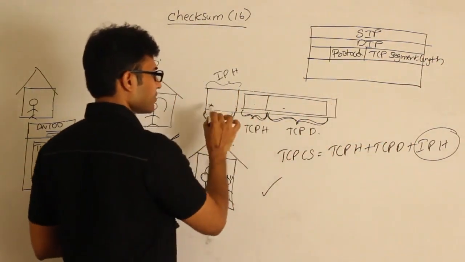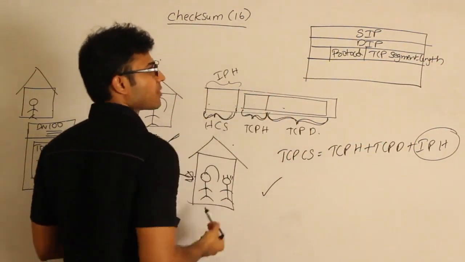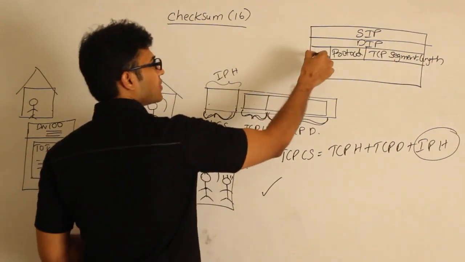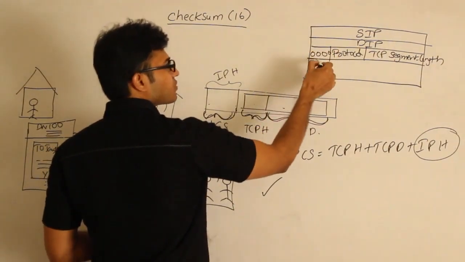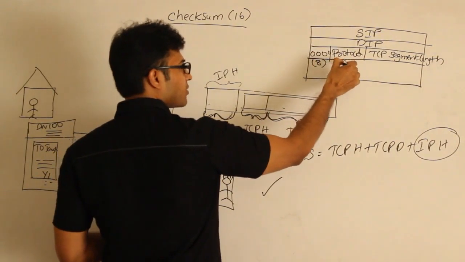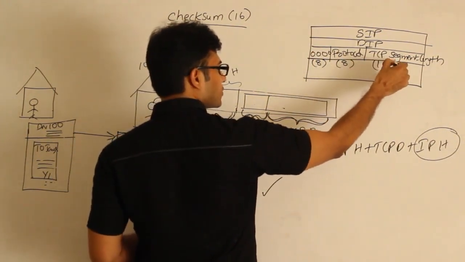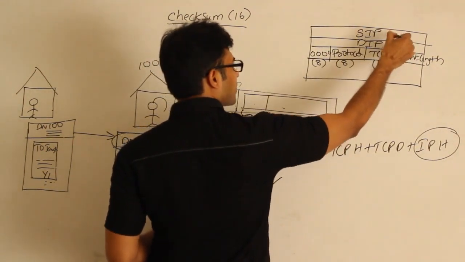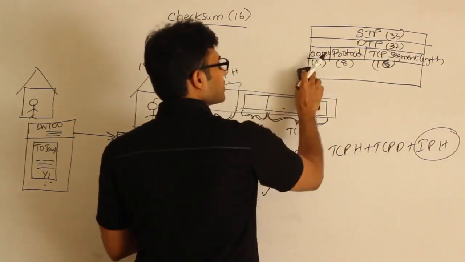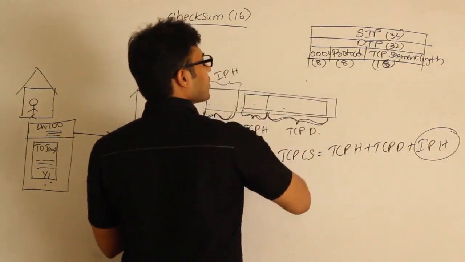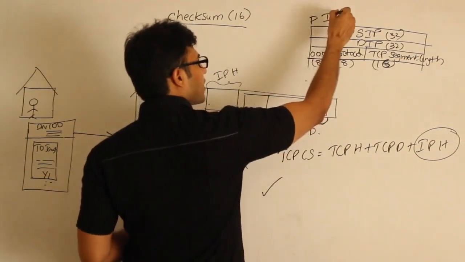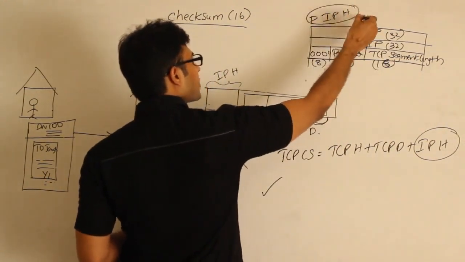TCP segment length is total length minus header length. And this field is zeros, so 8 bits of zeros, 8 bits of protocol field, 16 bits of TCP segment length, and 32 bits and 32 bits for the addresses. So this is called the pseudo IP header, not the real IP header.